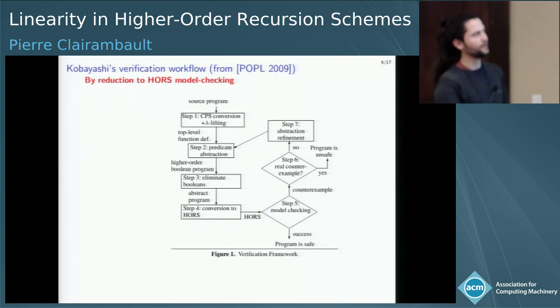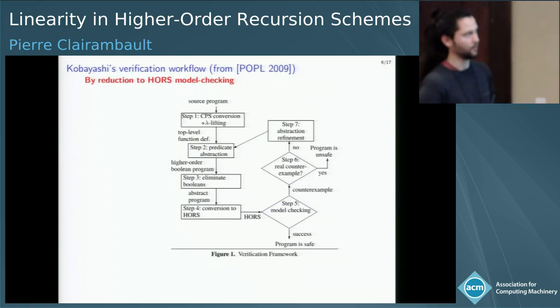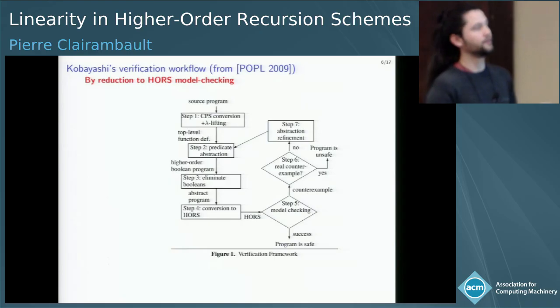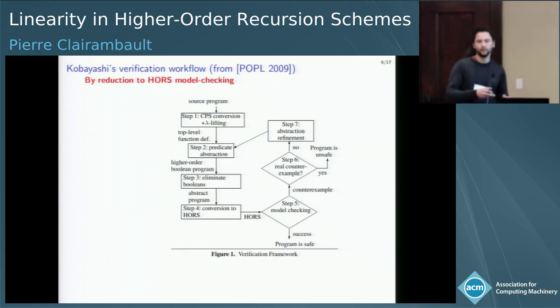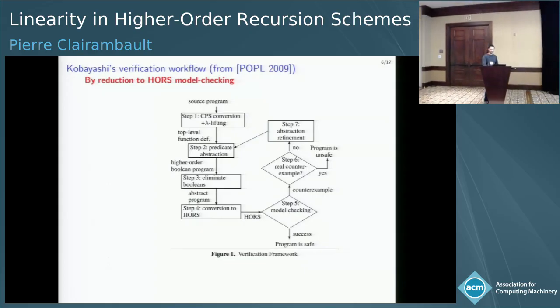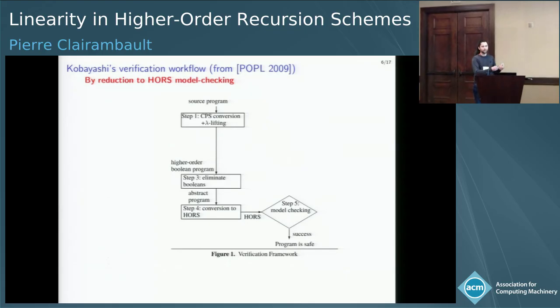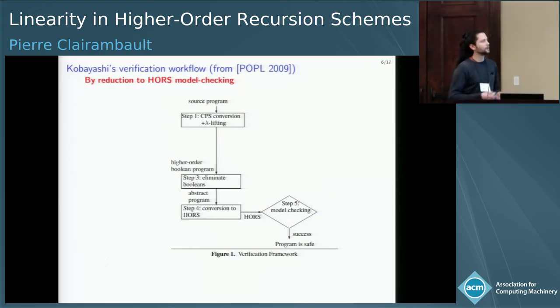There's more than that, because in this paper he also introduces this method where you have a program and you do predicate abstraction to convert it to a program with only finite ground types. And then if you find a counterexample which is a false alarm, you can refine the abstraction and so on and so forth. Here we are not looking at that in this talk, so let's forget about it and only look at how you convert your source program into a higher order recursion scheme.